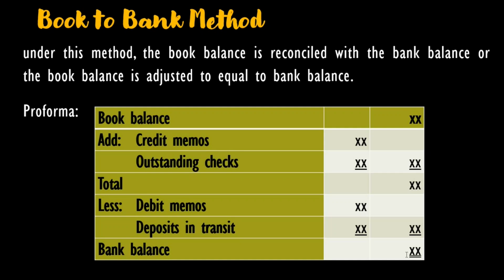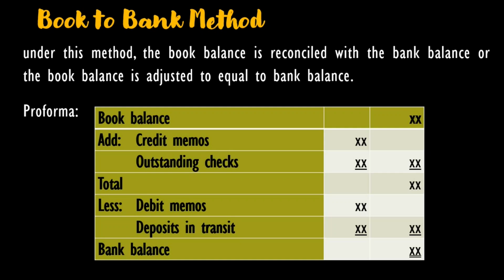Now, what are the bank reconciling items? So, unang-una, deposits in transit. So, here, bakit diniduct yung deposit in transit? I-deduct natin ang deposit in transit. Bakit? Kasi, itong deposit in transit, nandito na yan sa book balance.